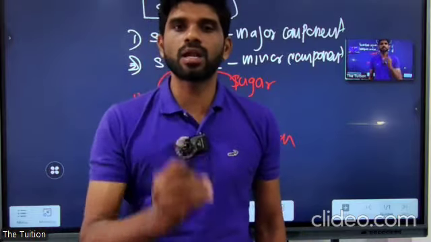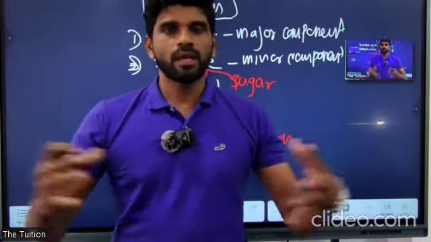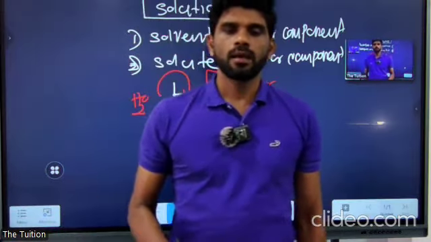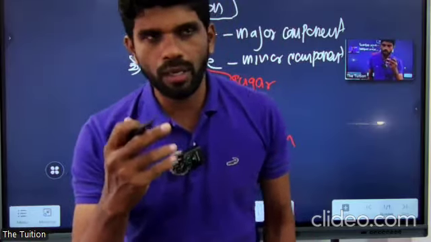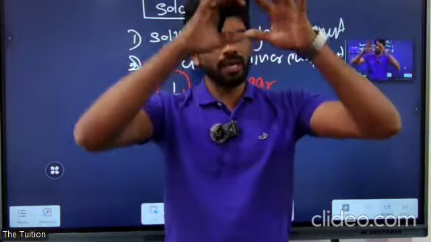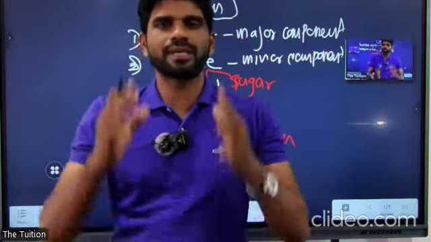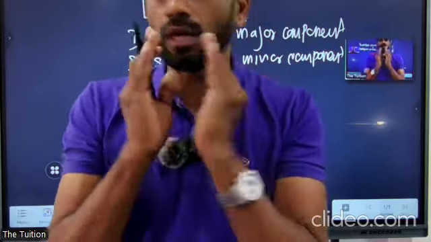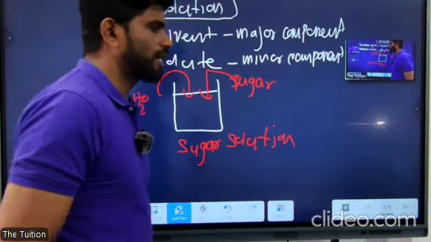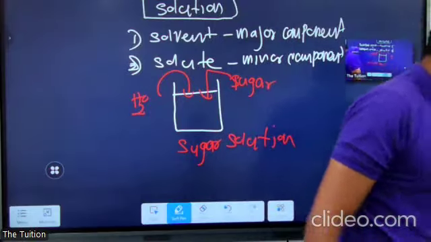It is the solvent of the solution. The minor component is the solute. A combination of solvent and solute is what we call a solution. In the sugar solution, water is the major component, the solvent.